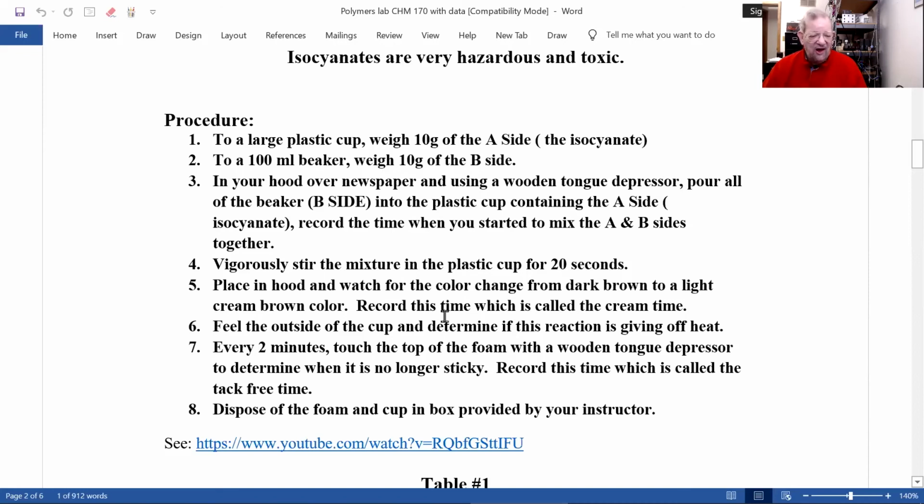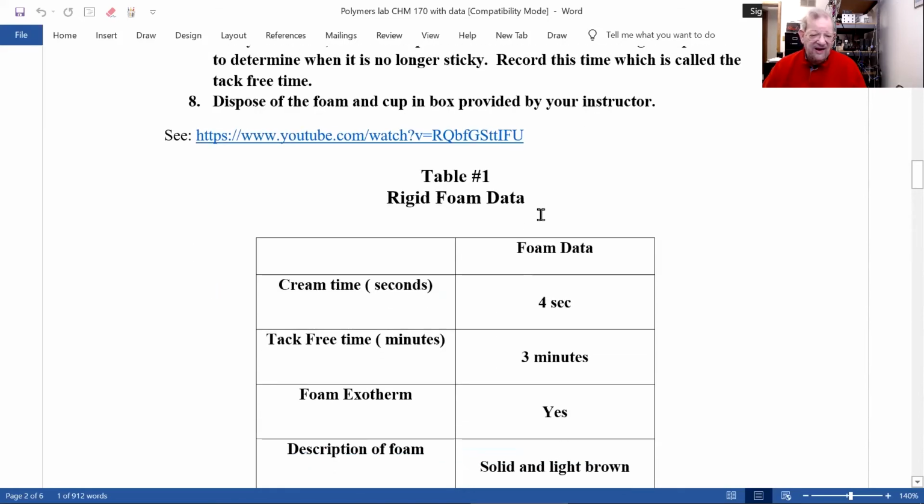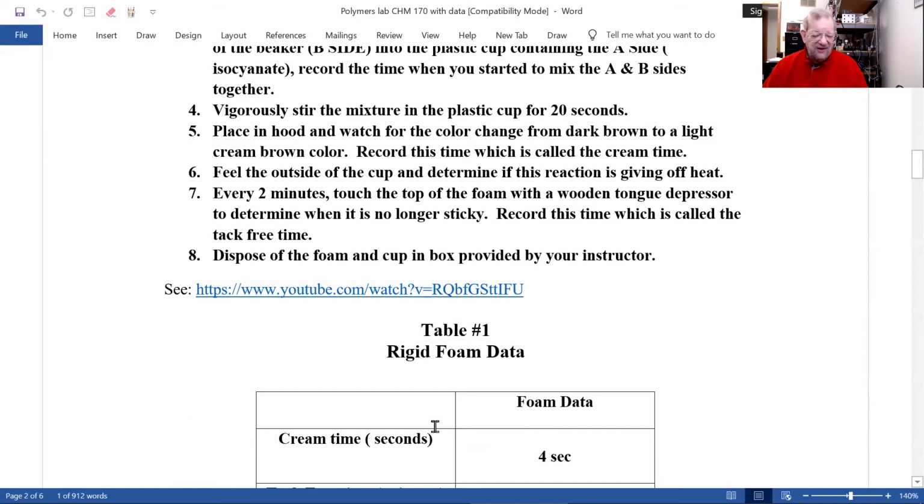When the light color occurs, we call that the cream time. You'd also feel the outside of the cup to see if it gives off heat. And then after a while, you touch the top with a wooden tongue depressor to see when it's no longer sticky. And then I'd show you where to do this. And I've given you the data here for what you would see. But let's take a look so you can see it in real time.